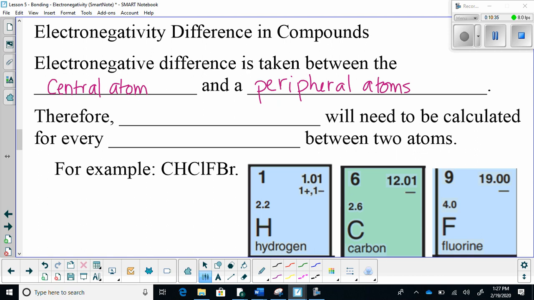Therefore, electronegativity difference will need to be calculated for every connection or bond between two atoms. So, connection, bond, between two atoms.